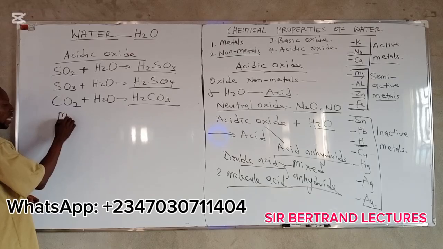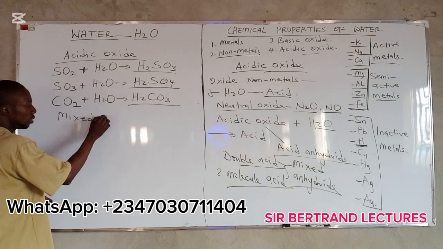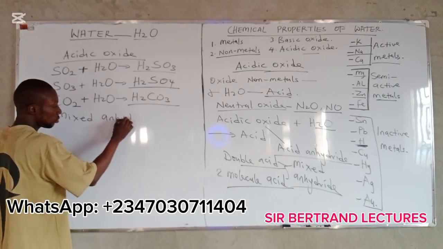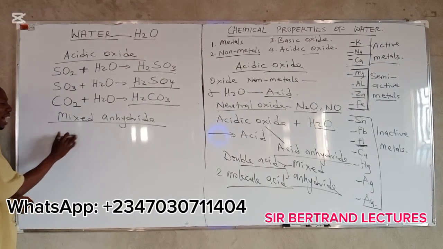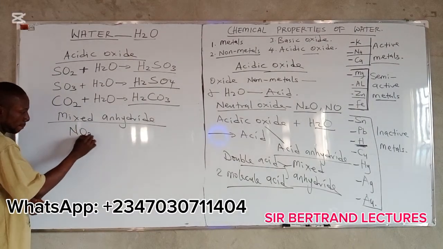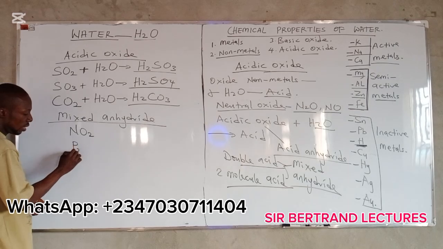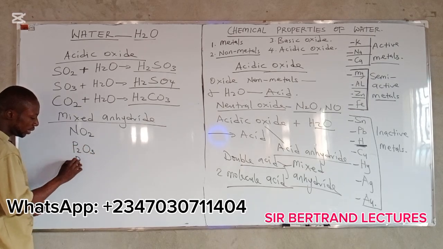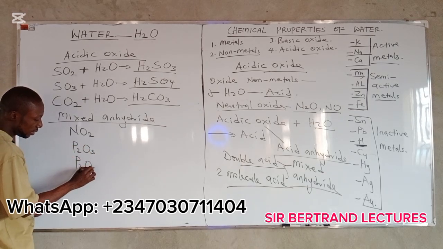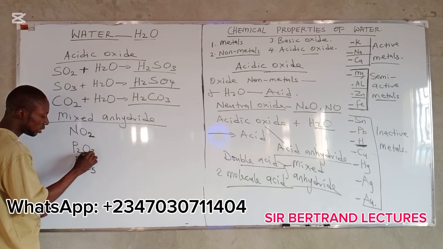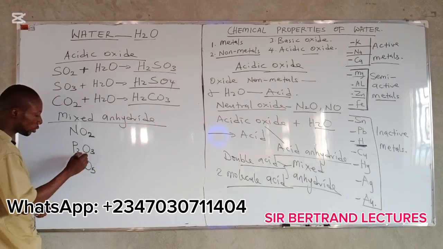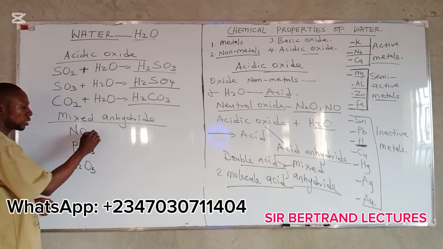Now let's look at mixed anhydride here. These are examples of mixed anhydride. All right? Nitrogen dioxide, phosphorus trioxide, and phosphorus pentoxide.